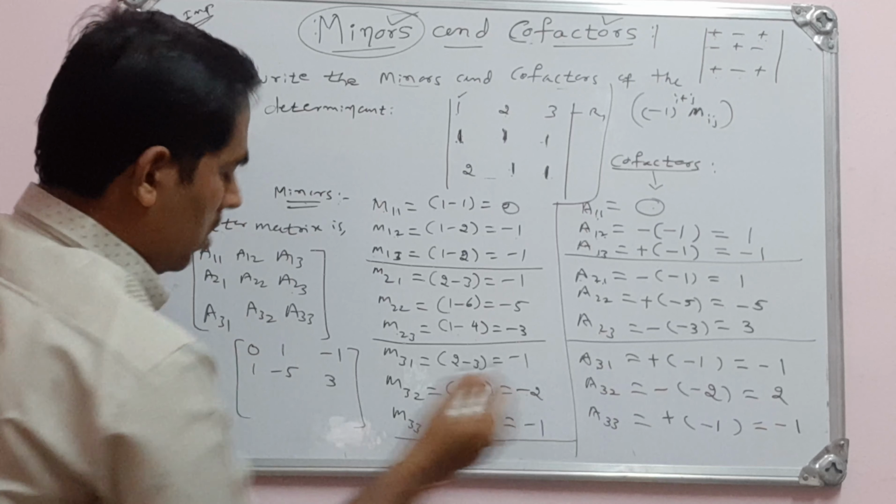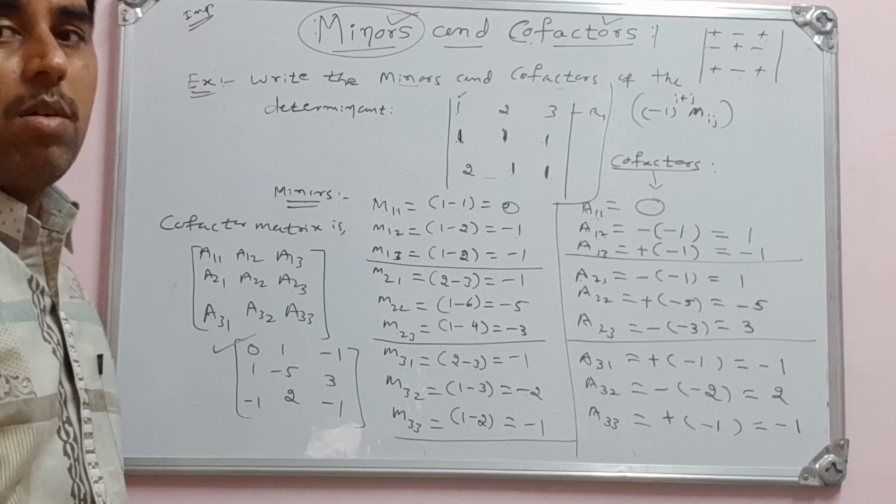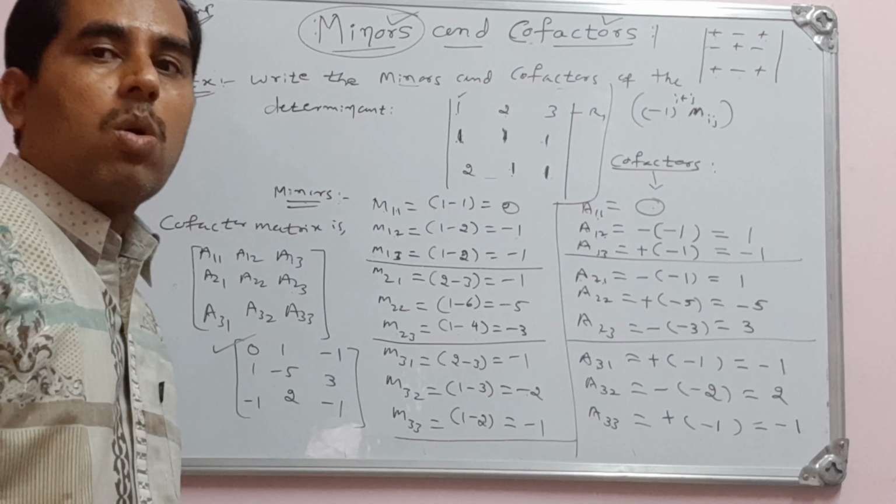Then the last row: minus 1, 2, minus 1. So this is the cofactor matrix. This is the meaning of minors and cofactors.